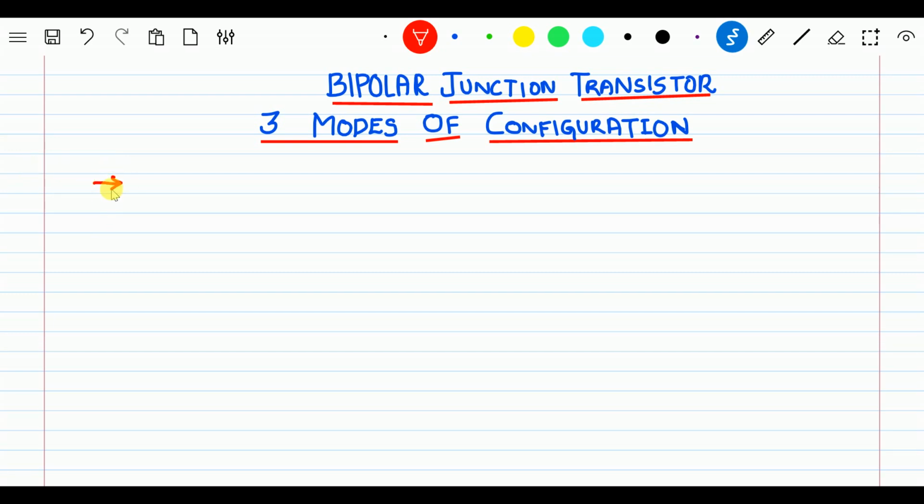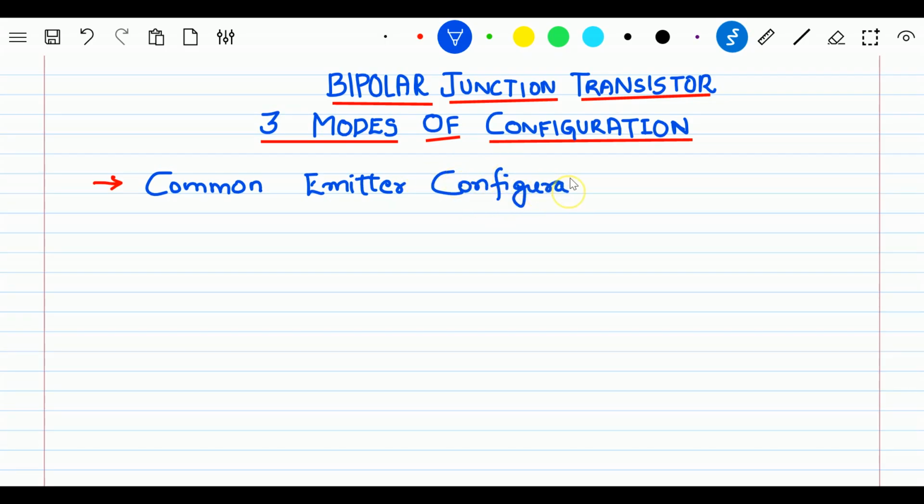The first configuration is the common emitter configuration.